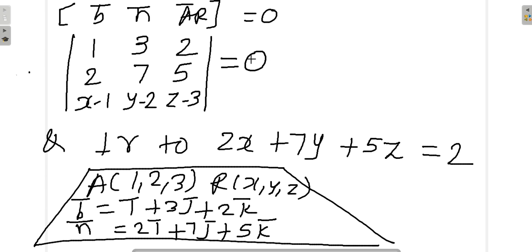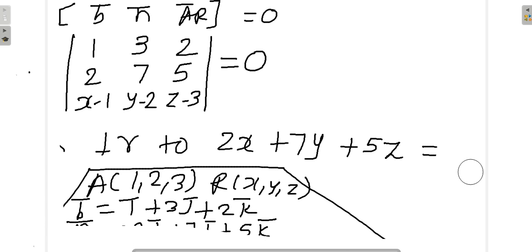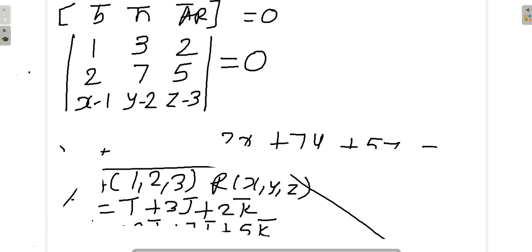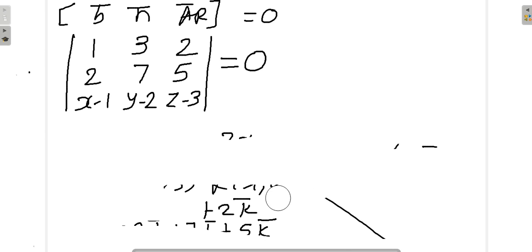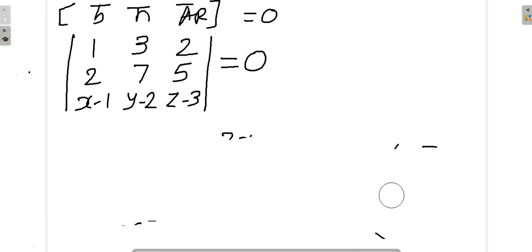Determinant is 0. Let us solve this determinant properly and get the equation of the plane. Please, you also do it yourself. I am prone to making mistakes here. I may make mistakes. Let me do it.